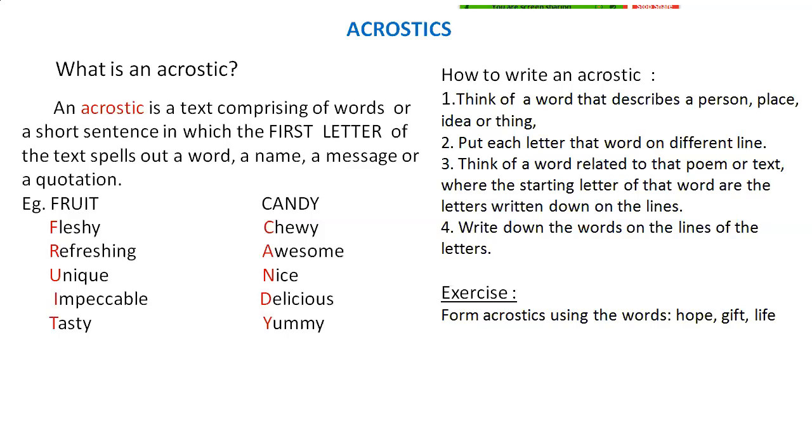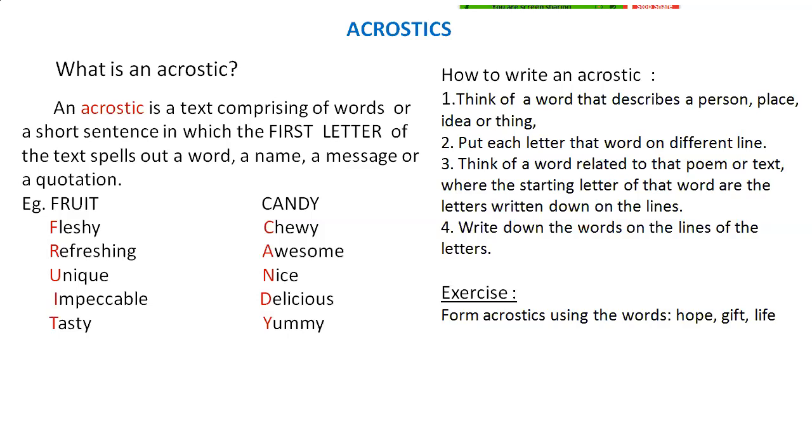We took the first letter and the new word that we formed using this letter was chewy. We took the next letter A and the word that we formed using this letter was awesome. We took the next letter N and the word that we formed was nice.